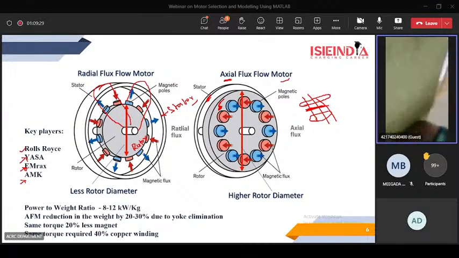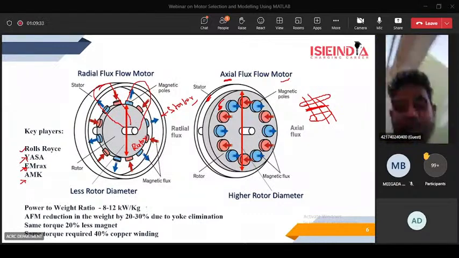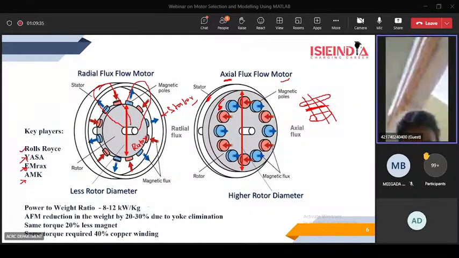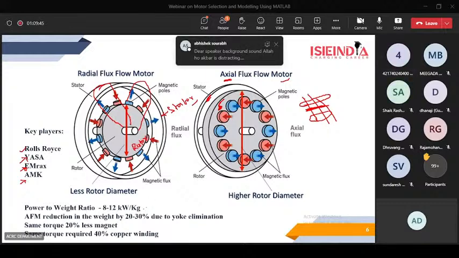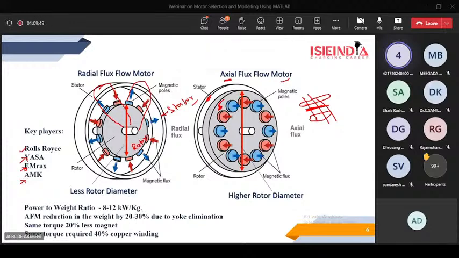So if we have a higher power to weight ratio, that means if the weight is low, we will get more power. Having this power to weight ratio high, we can use this motor in our electric vehicles because these motors are lesser in weight and they provide high power.